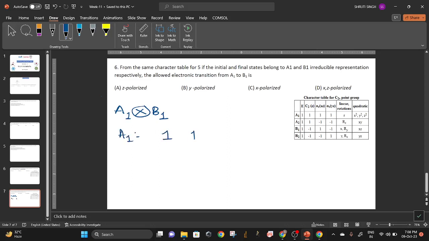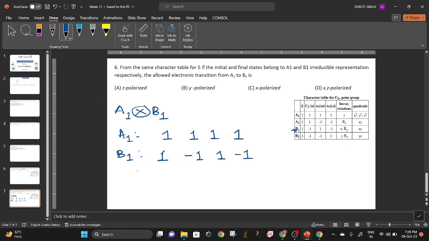We have all 1. It is the totally symmetric representation, right? And then B1, B1 is this: 1, minus 1, 1, minus 1. If you had used this character table, you could have got this question. We have discussed this in earlier sessions.